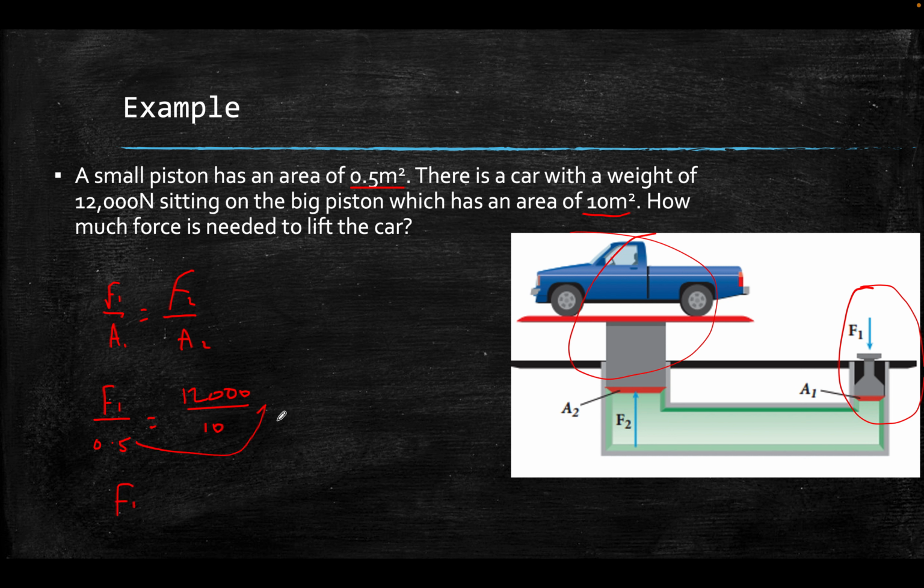I'll multiply both sides by 0.5 to get the answer. 12,000 divided by 10 becomes 1,200, multiplied by 0.5, a half of that would be 600. Let me check my numbers: divided by 10, multiplied by 5, yes, 600. There you go, 600 newtons.